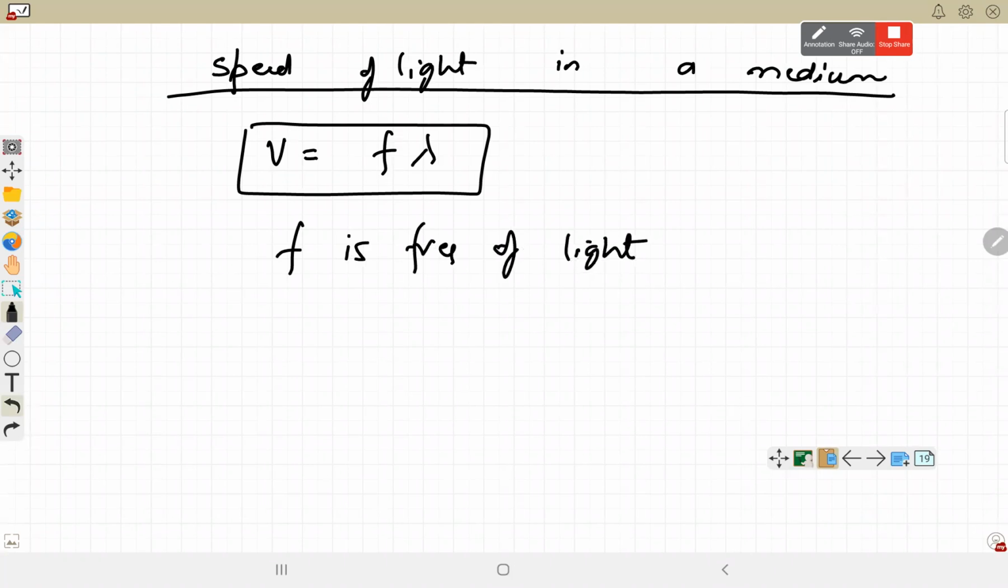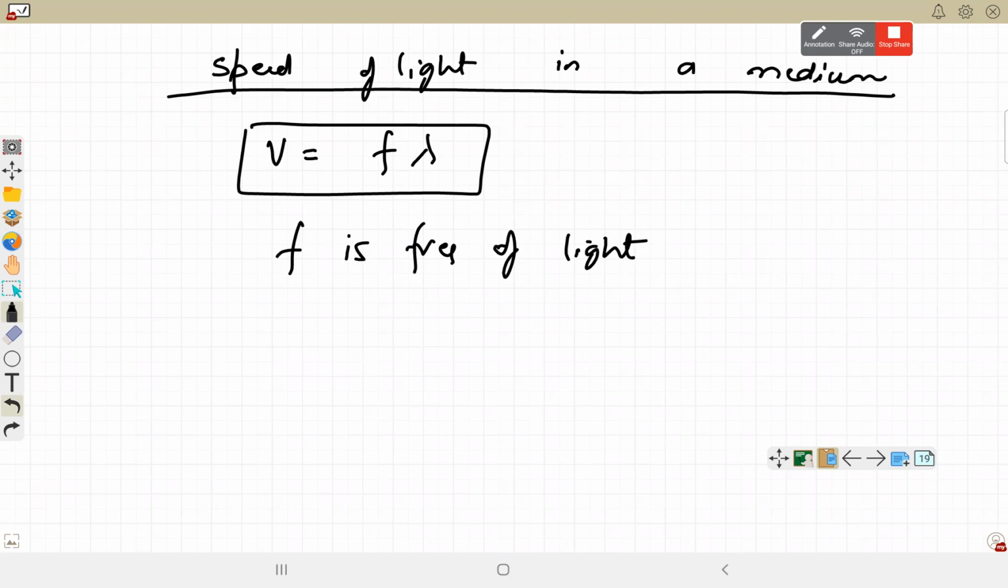What is the meaning of frequency of light? What does that mean? What is the meaning of frequency? Frequency is the number of oscillations per second.